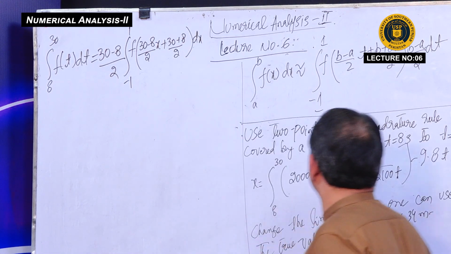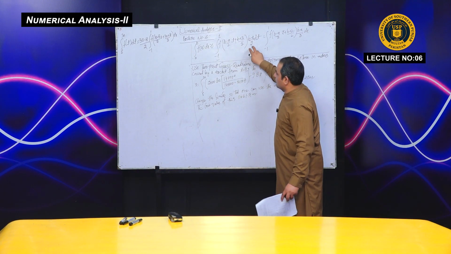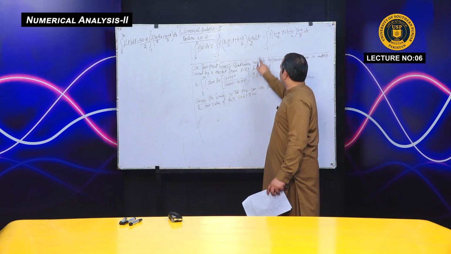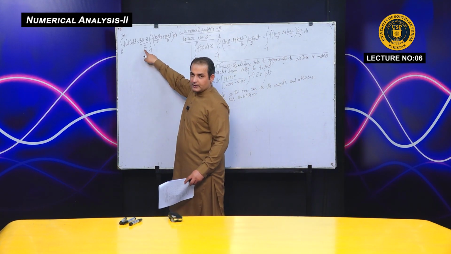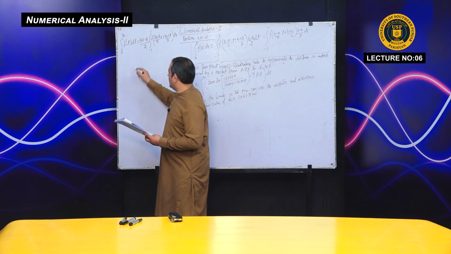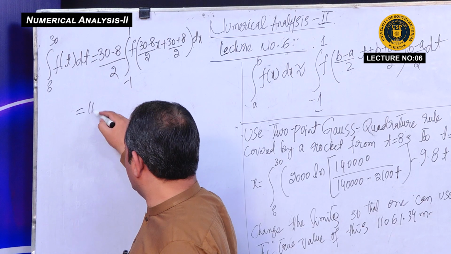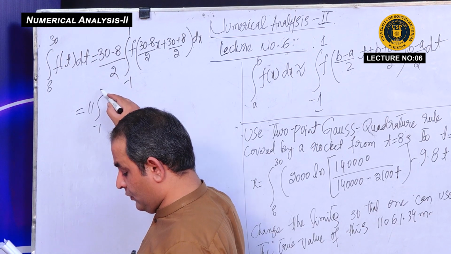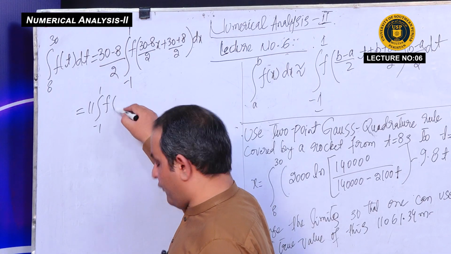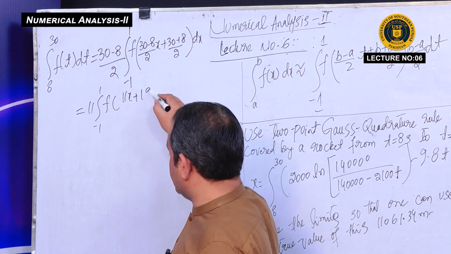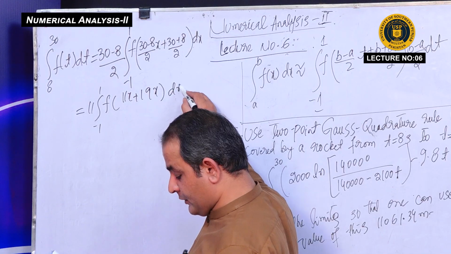I have used this formula basically. I took (b minus a)/2 outside the integral, so this becomes: then this will be equal to 11 times the integral from minus 1 to 1 of f of 11x plus 19 into dx.